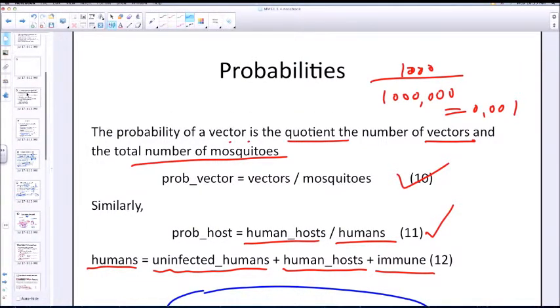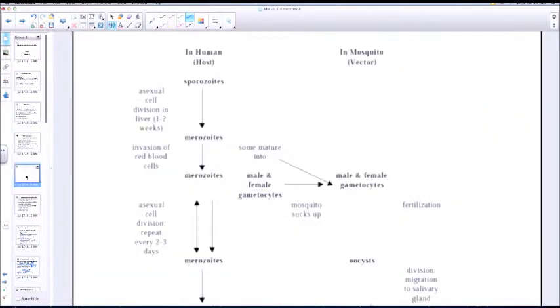So here. First, this human must be a host. Only the host has the merozoites. The merozoites are the matured sporozoites. That's number one. That's why the probability of the human being a host is important.